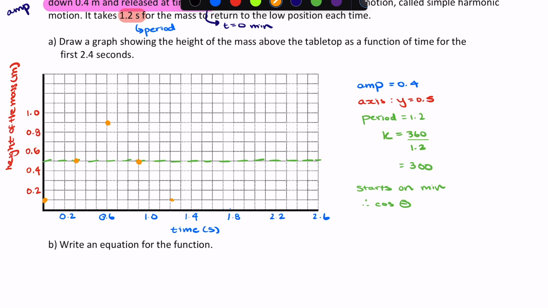Then at 1.2, it'll go back to the minimum. At 1.5, we'll be back at the axis. So we can connect these points.